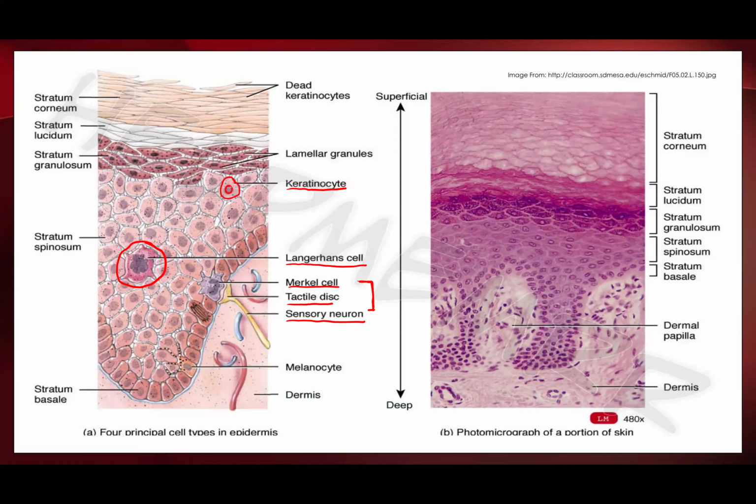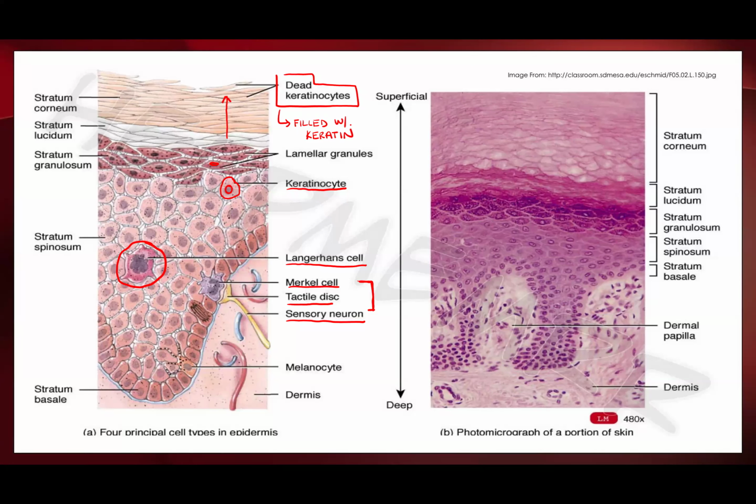The keratinocyte is located here. See that there's a nucleus present, and then from here up, there's no nucleus. Those are considered to be dead keratinocytes. And when they're dead, they're filled with keratin, essentially nothing more.